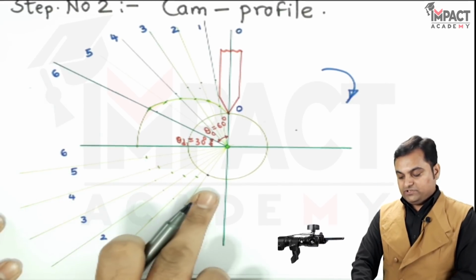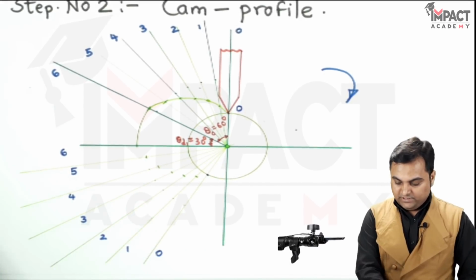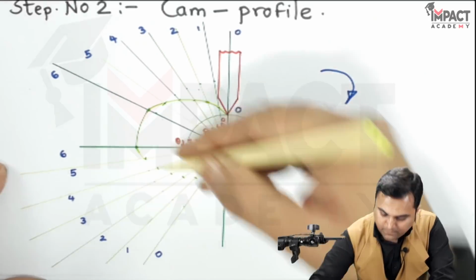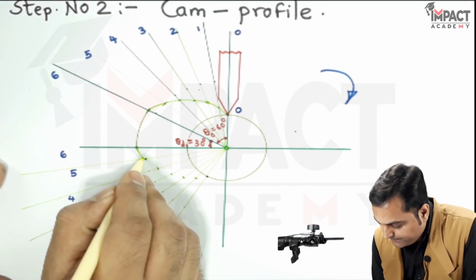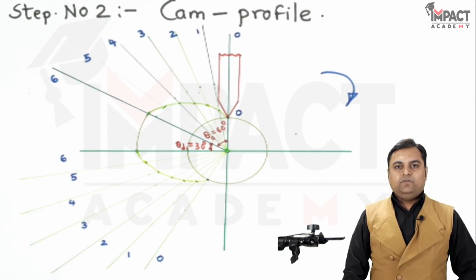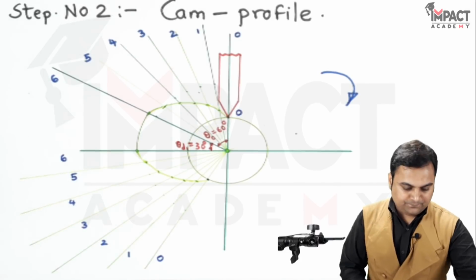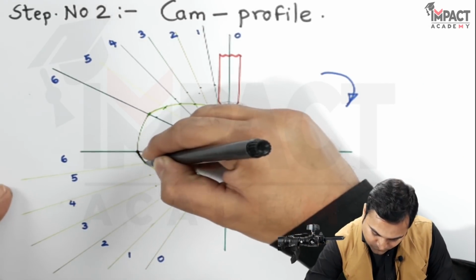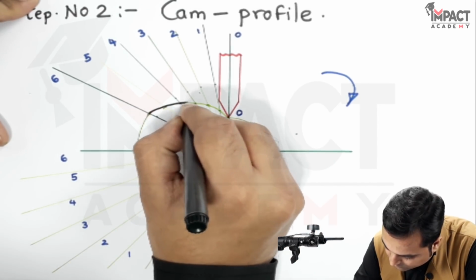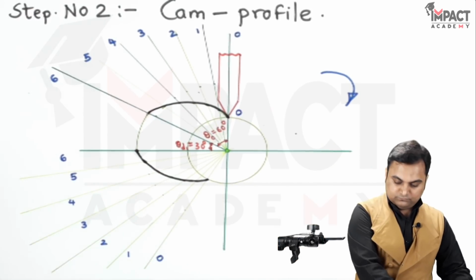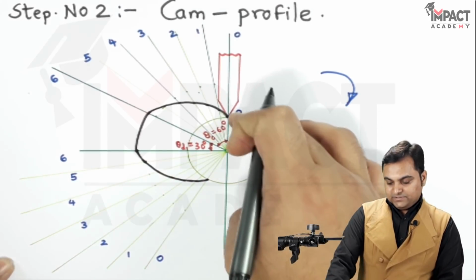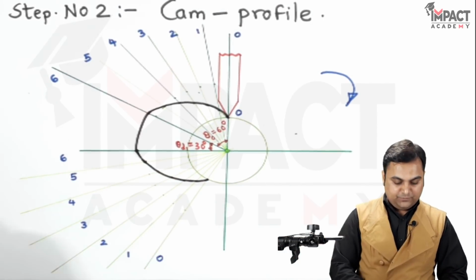Now joining all these points in order with the help of a smooth curve, first drawing it light, and now I can make it dark. So I'll make it dark. And then it is a circle for the remaining position.